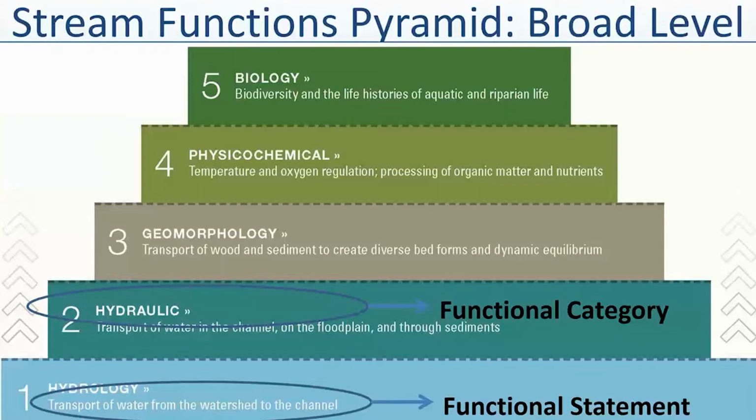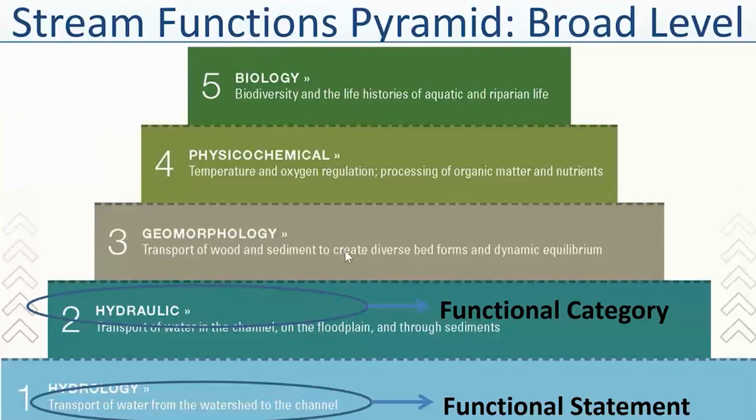And of course, hydrology and hydraulics are working together. We acknowledge that with a dashed line between the categories, but generally we've got water coming from the watershed first. This is how we're thinking about it. And then the water, once it gets to the channel, is moving in the channel, on the floodplain, and through sediments.